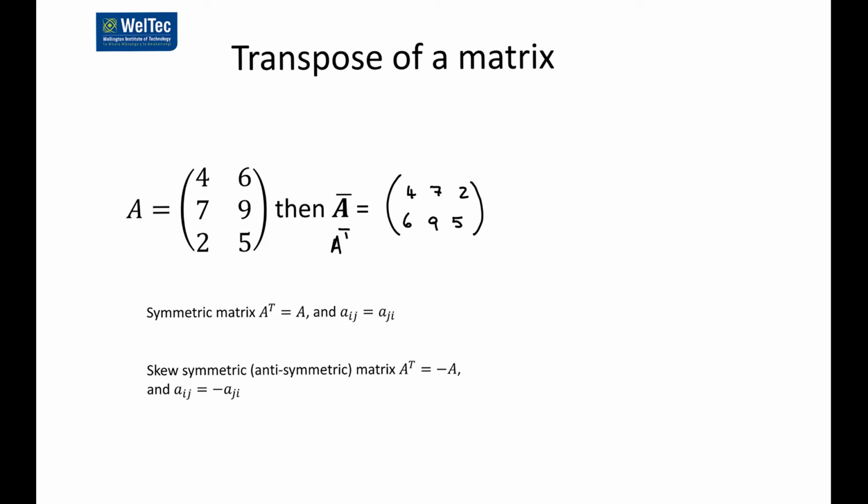And if A is 3 rows by 2 columns, then A transpose must be 2 rows by 3 columns.